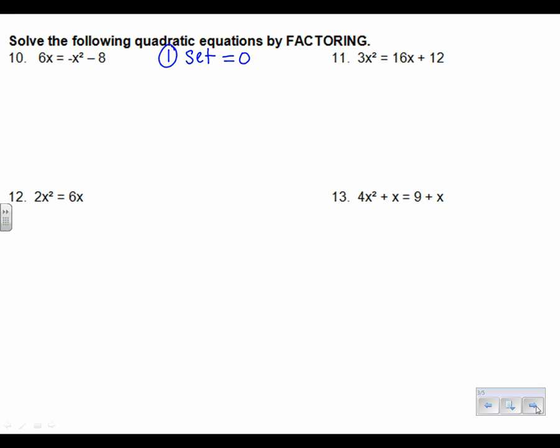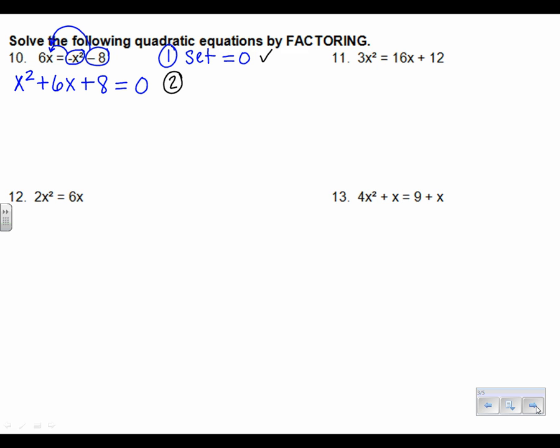So I see that this x squared term is negative. I don't like that. I'm going to move it to the left, and I'm going to move the negative 8 to the left. When they move, they change signs. So I get x squared. The 6x doesn't move, so he stays positive, and the negative 8 moves, so he becomes positive. And now I have it set equal to 0. I'm done with that step.